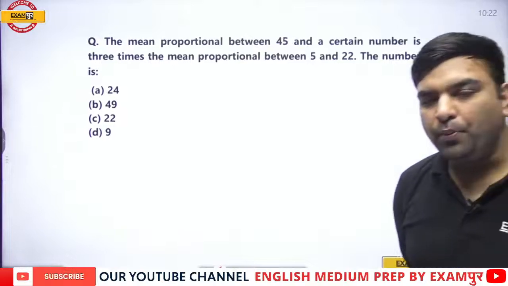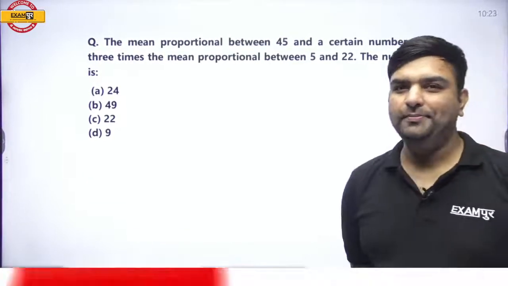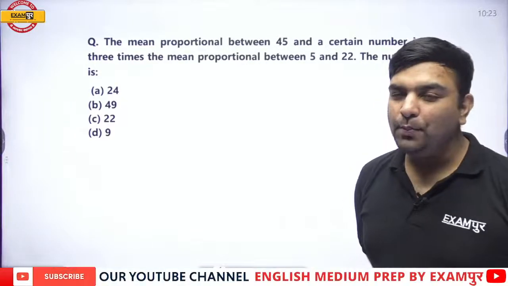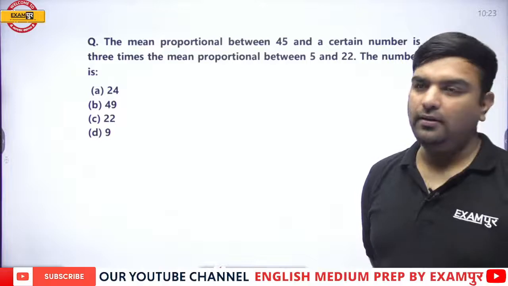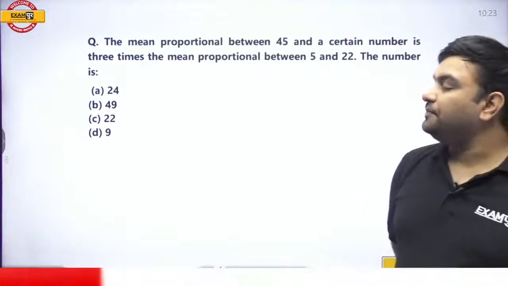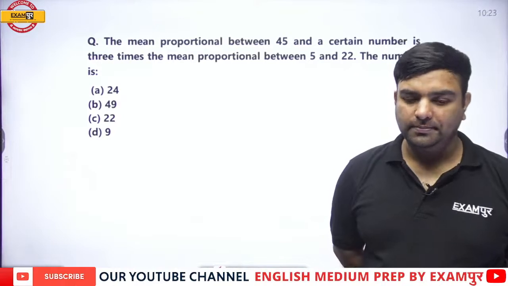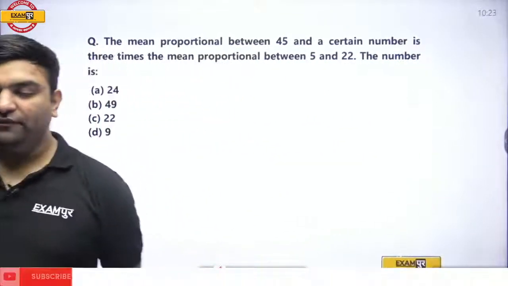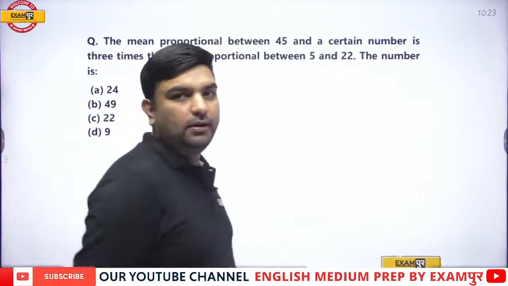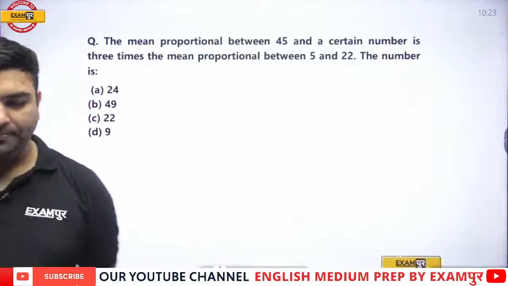The mean proportion between 45 and a certain number is 3 times the mean proportion between 5 and 22.